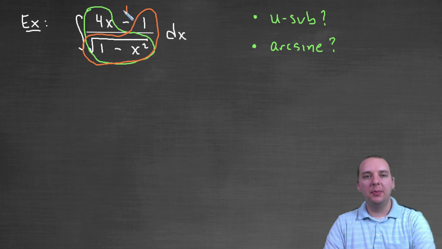And so they're separated by subtraction. So this is a very common thing. That's why I chose this example, just to make you aware of these types of examples. We can separate this into two integrals.